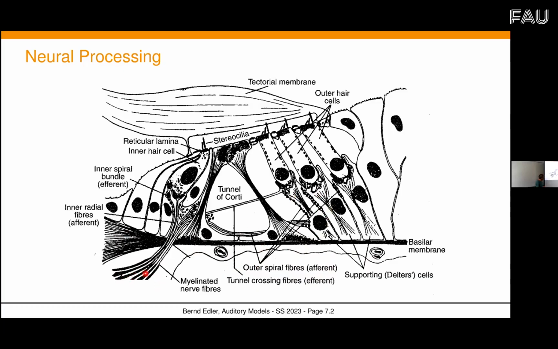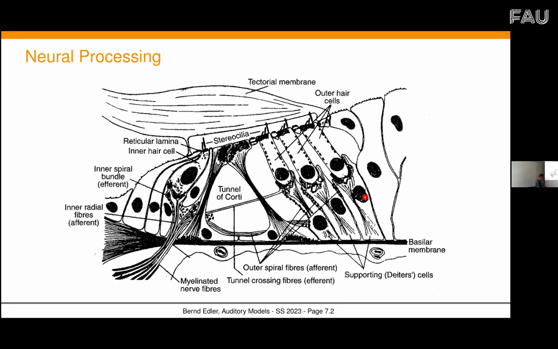The one fibers mainly carry information to the brain, which are mainly the ones coming from the inner hair cells, and the outer hair cells mainly have nerve fibers which are carrying information from the brain, so they can apparently be to some extent controlled in their activity by the brain, and only a very limited part is also giving information towards the brain.